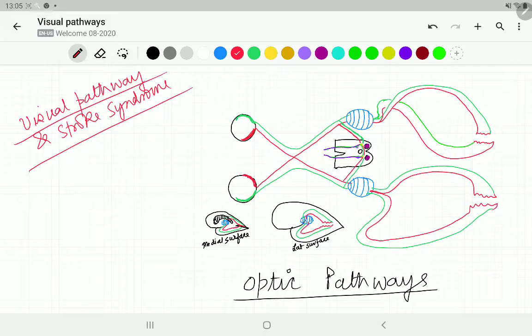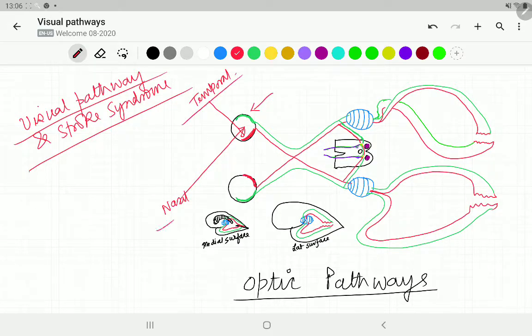First of all, a quick recap of the visual pathway. As you can see, the visual pathway starts from the retina. The temporal aspect of the retina receives information from the nasal side, and the nasal aspect of the retina receives information from the temporal side.